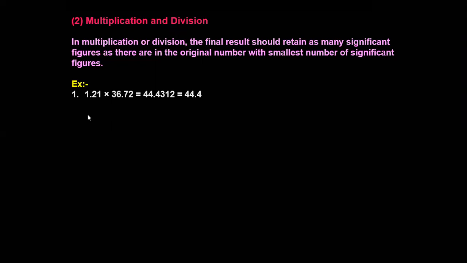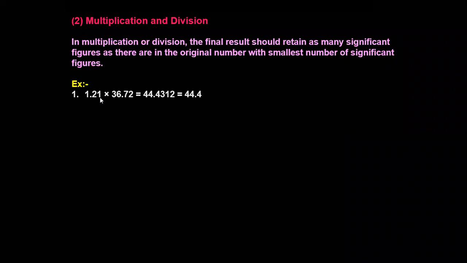What we have to follow here is the number of significant figures in the number with the smallest number of significant figures. Which is having the smallest number of significant figures? This first number, 1.21, has 3 significant figures.